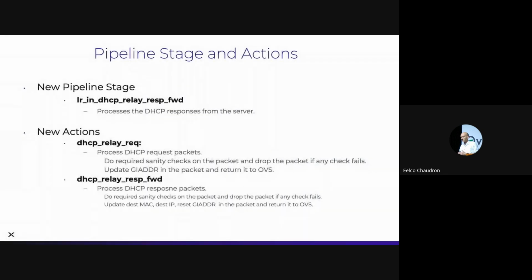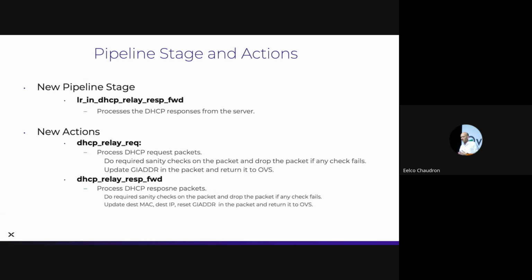This slide captures new pipeline stage and actions introduced to support DHCP Relay Agent functionality in OVN. DHCP request packets are processed in the existing pipeline stage of logical router. To process DHCP response packets, we have added a new stage in the logical router pipeline.